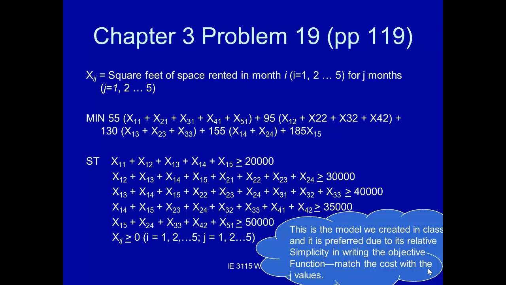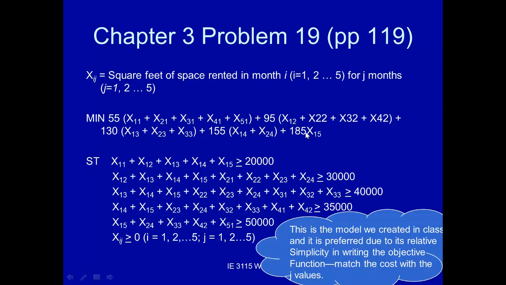So in that problem, we defined our decision variables as square feet of space rented in month i for j months. Okay, and the cost for 1 month lease is 55, 2 months lease 95, 3 months, 4 months, 5 months lease.